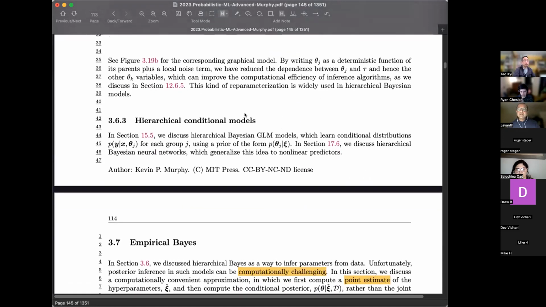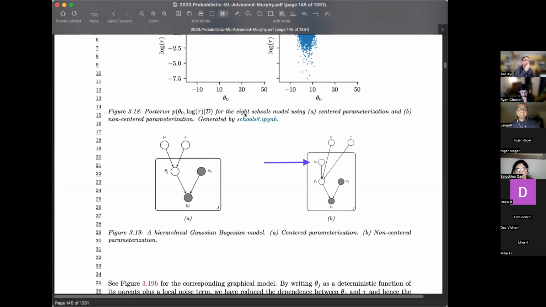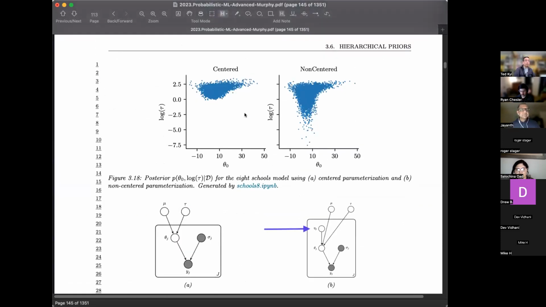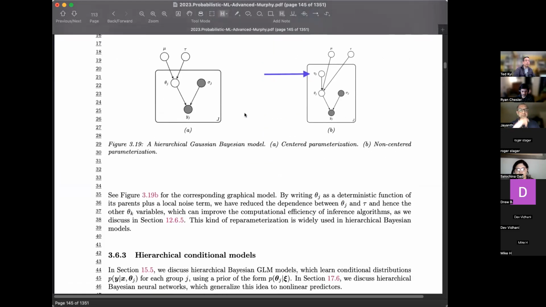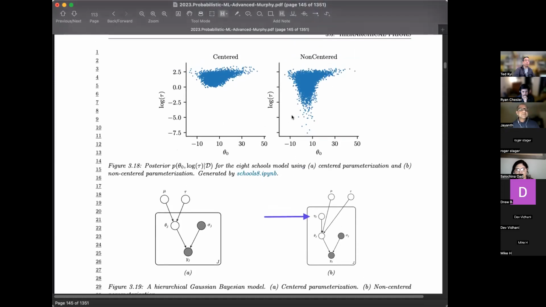So, to me, it looked like that, what is that line number? Oops, scroll the other way. The main thing of this reparameterization was line 36, where it reduces the dependency between theta j and tau. And that allows you to explore these other values of tau better, because otherwise they're too intercoupled. Yeah, you can see that here.